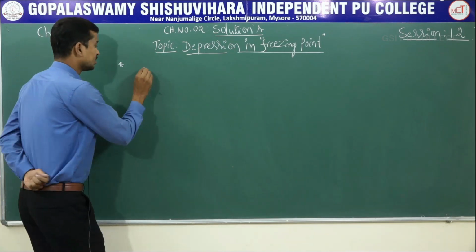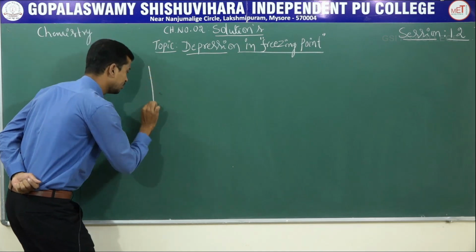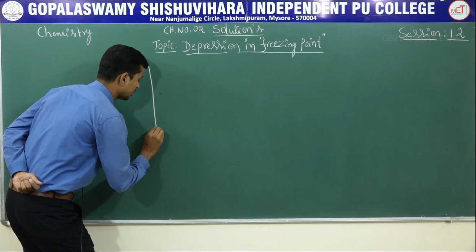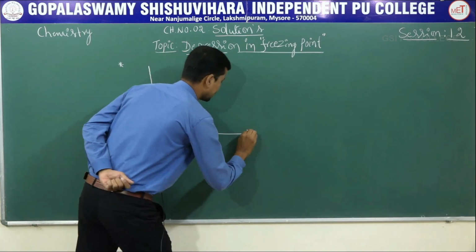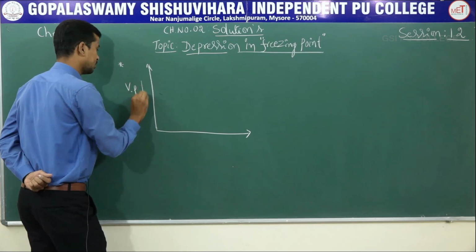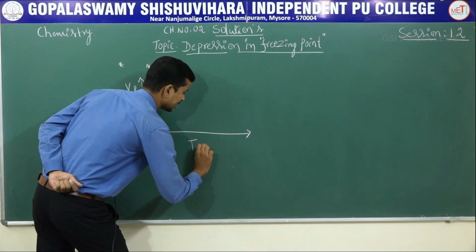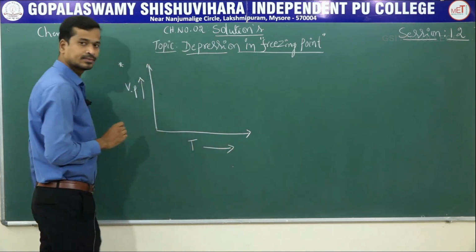Let us consider the graphical representation, as you already studied for elevation in boiling point. Vapor pressure (Vp) is on the y-axis and temperature in Kelvin is on the x-axis.